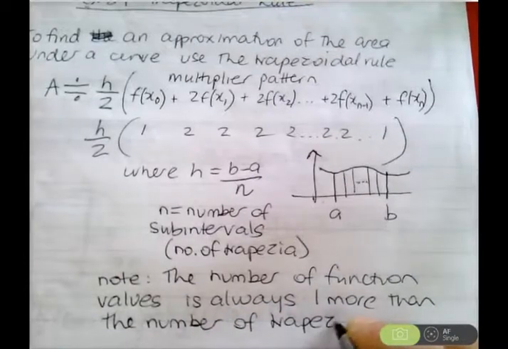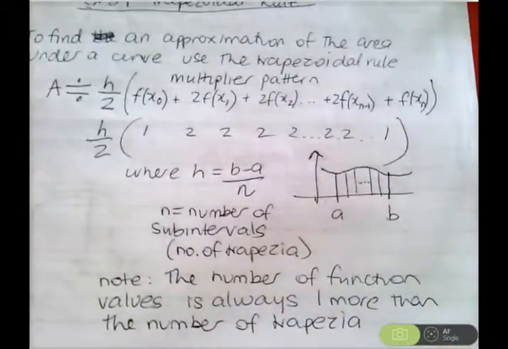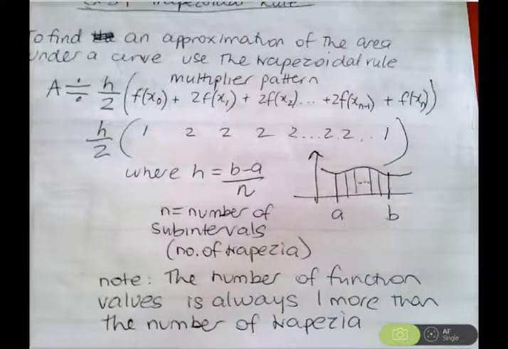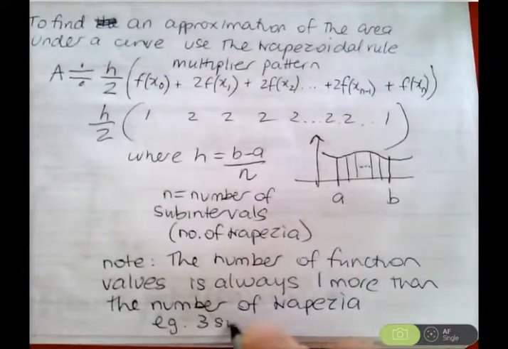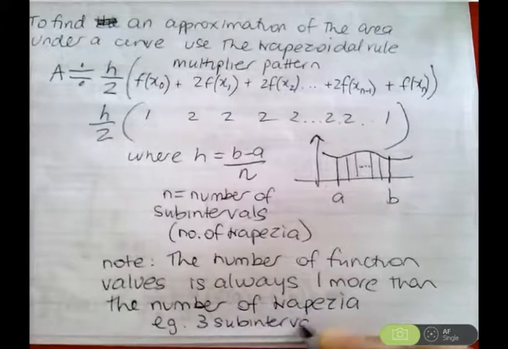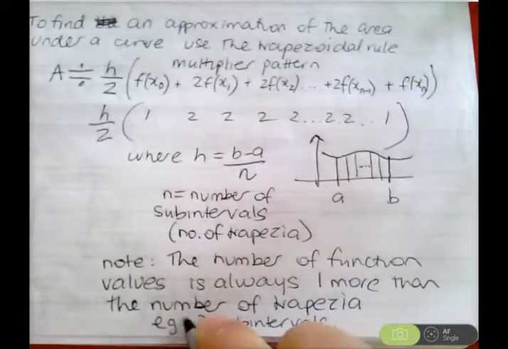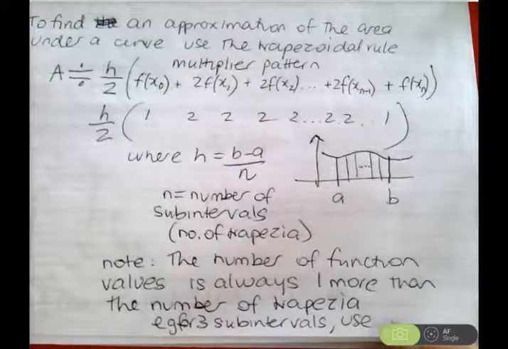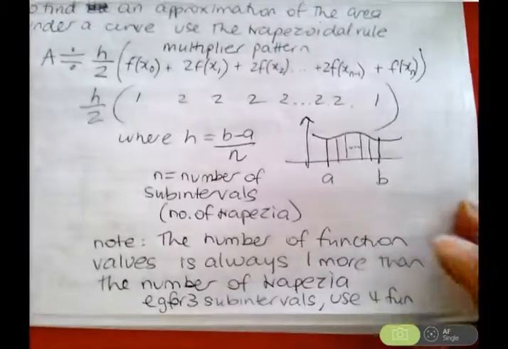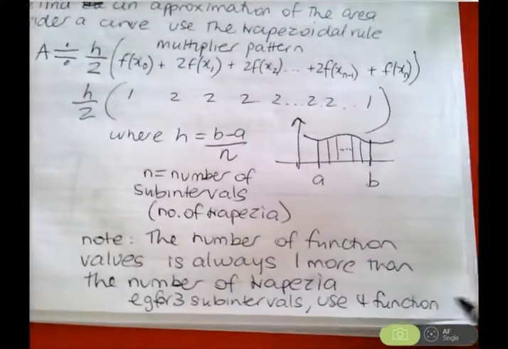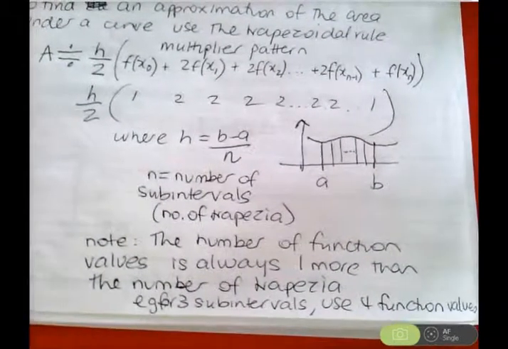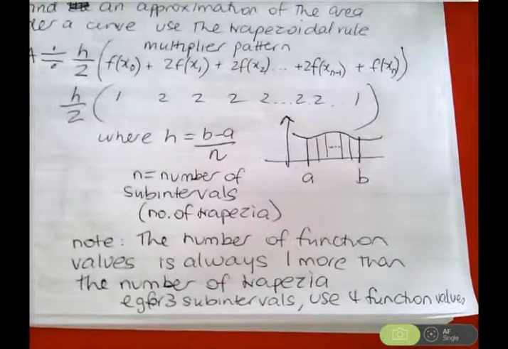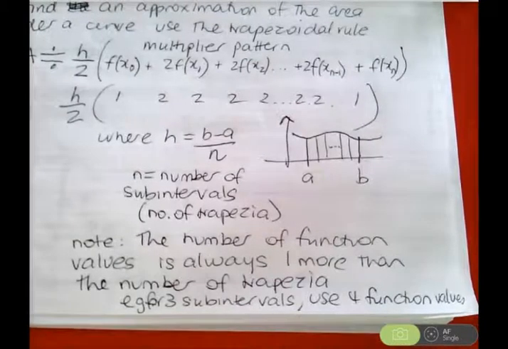So, if they're asking you for 3 subintervals, you will need 4 function values. For example, for 3 subintervals, you will use 4 function values. Okay? They'll call them subintervals or trapezia.